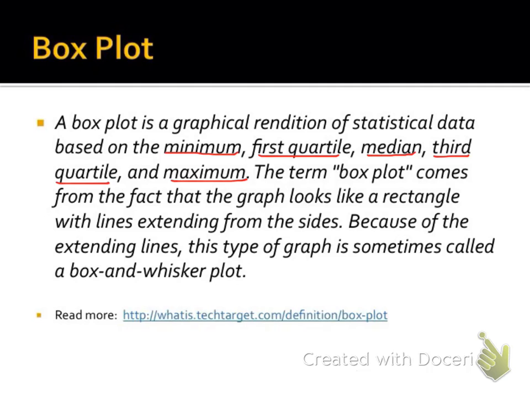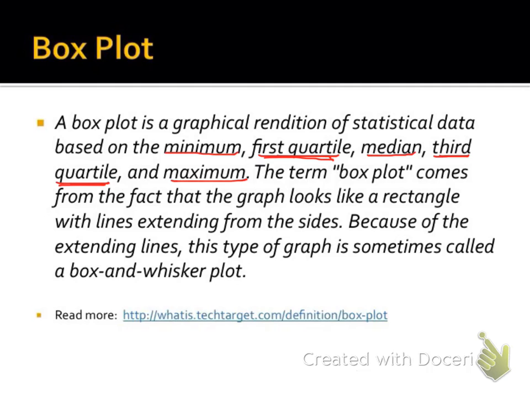Now, we already know what 3 of those words are, but we might not be so familiar with quartiles, first quartile and the third quartile. Again, we'll talk a little bit more about this in class, but I'll show you on the plot what that actually is. So hang on to that for just a second.